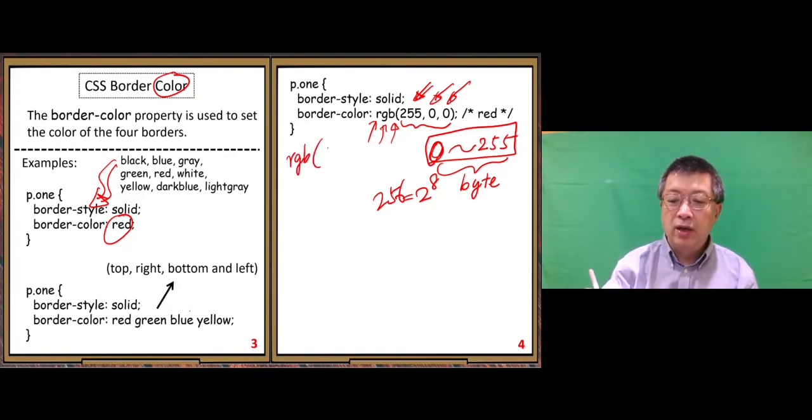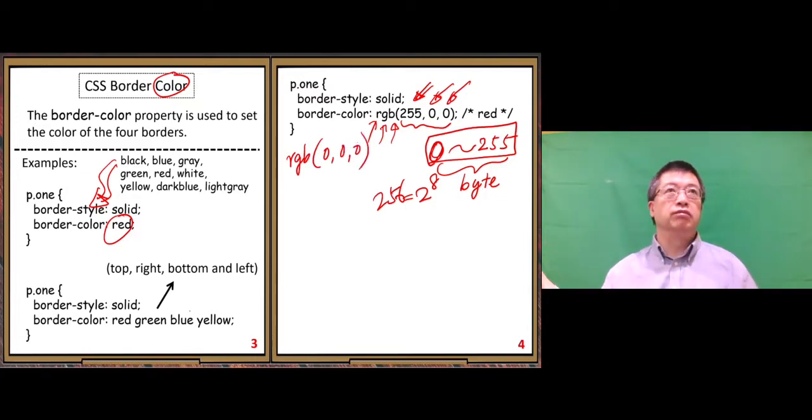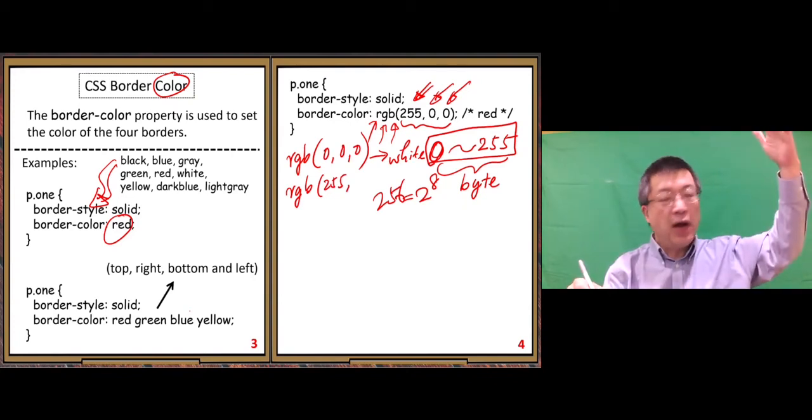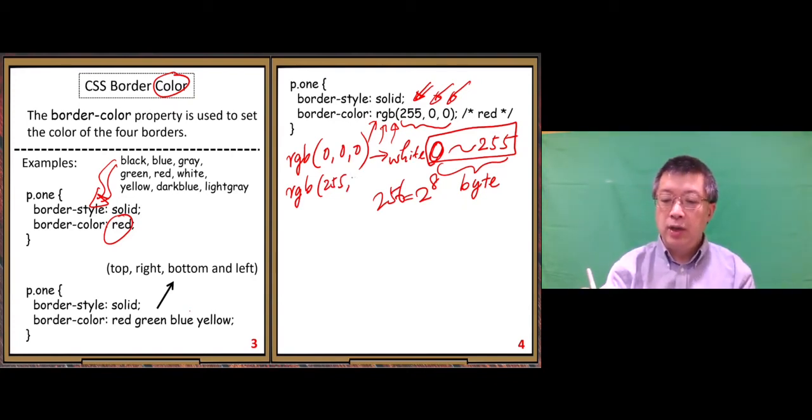White is 255, 255, 255. For black color, RGB is 0, 0, 0, the other extreme.